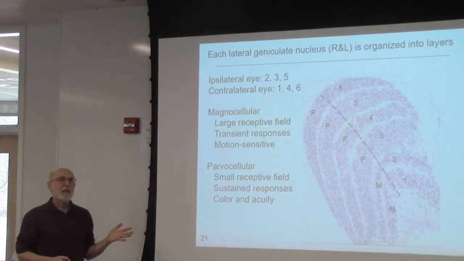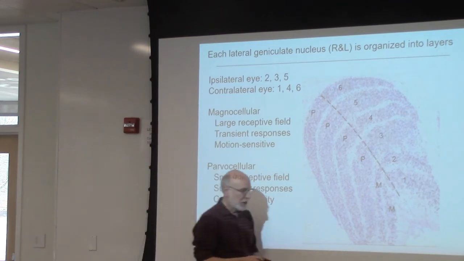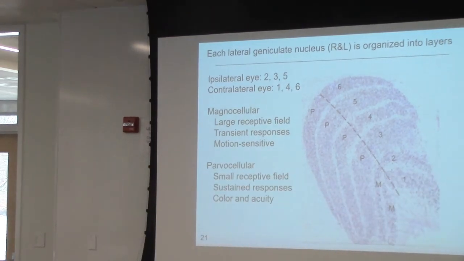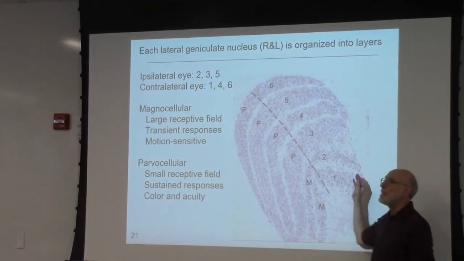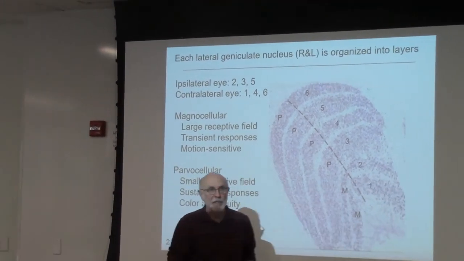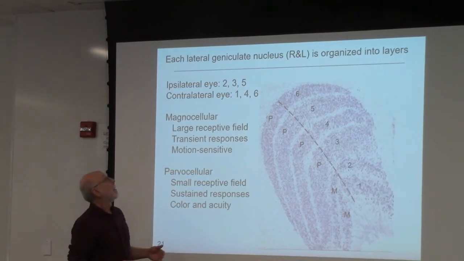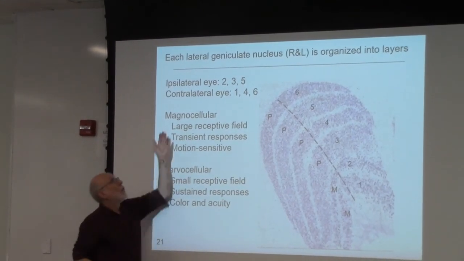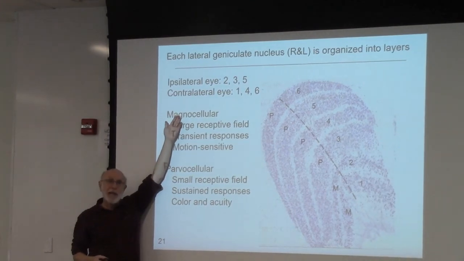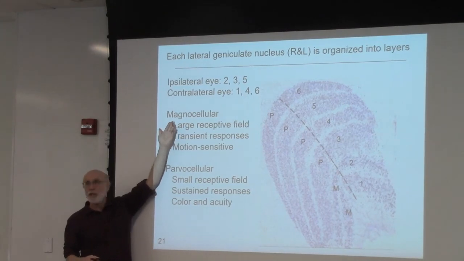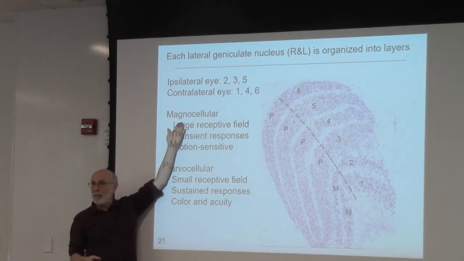Just want to mention the lateral geniculate. I've mentioned it before. The lateral geniculate nucleus of the thalamus is organized into layers. You don't need to know the details of the layers. Three of the layers receive information from the ipsilateral eye, and three of the layers receive information from the contralateral eye.